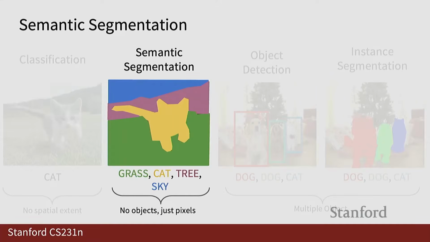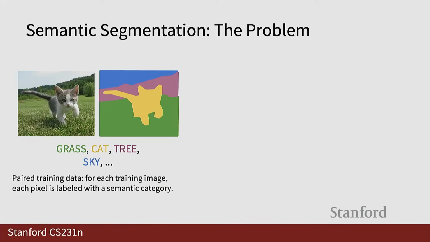But another similarly important task is semantic segmentation. Within semantic segmentation, what we care about is to assign a label to every single pixel inside the image, turning each pixel into a label for that object or anything in the scene.